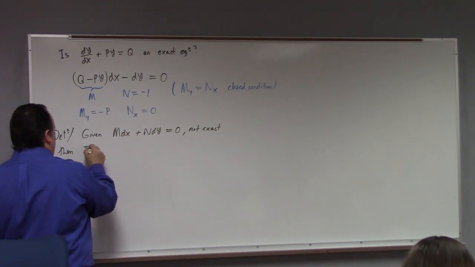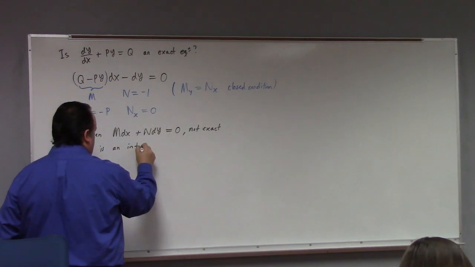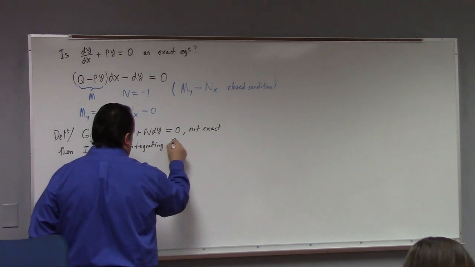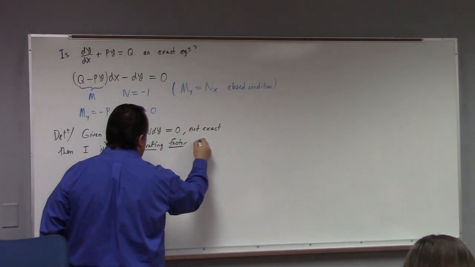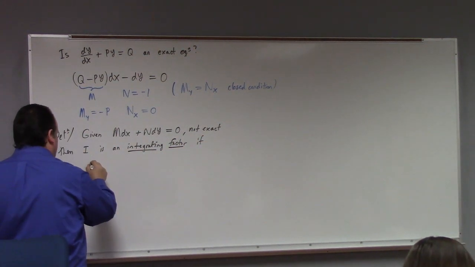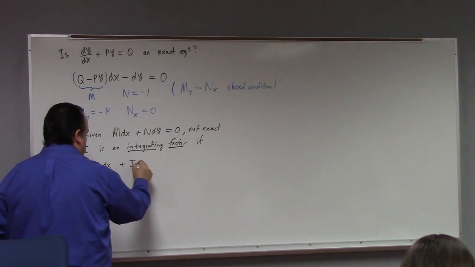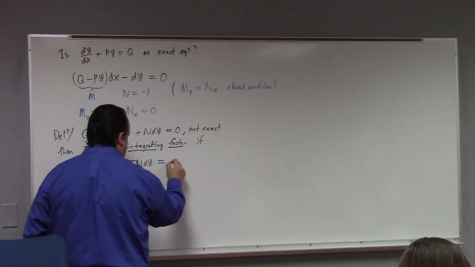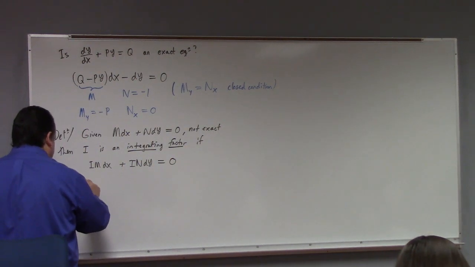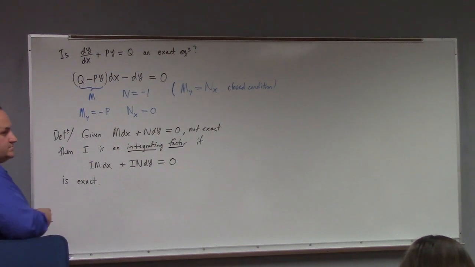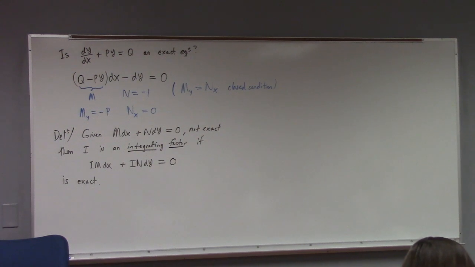Then I is an integrating factor if, when we multiply by I, IM dx plus IN dy equals 0 is exact. All right. So if you can find a function such that when you multiply the differential equation by that function, it becomes an exact equation, then that function is called the integrating factor, or an integrating factor. There could be many, right?